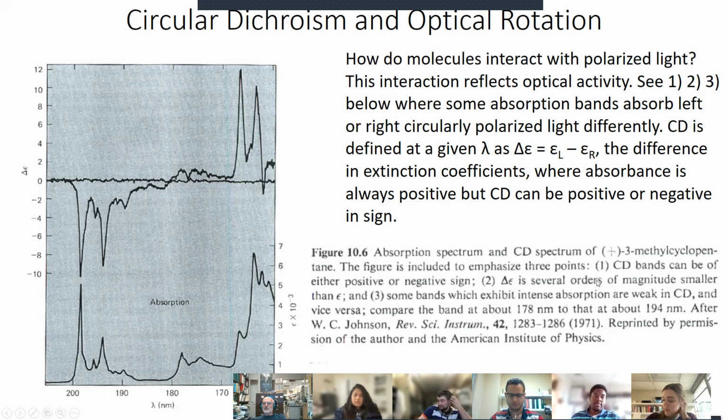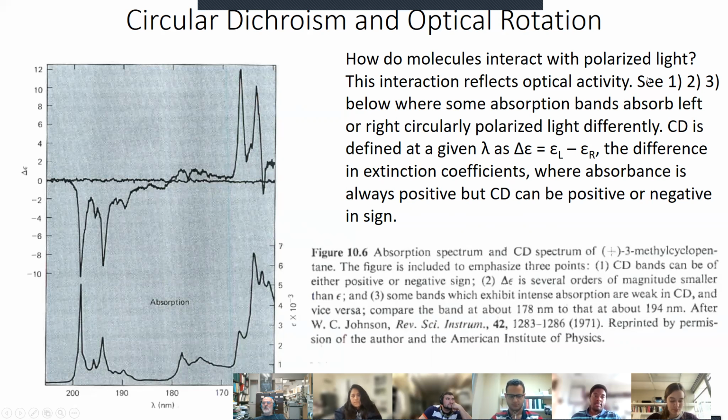In addition to positive or negative, some bands will be intense and some will be weak. Okay, and he points out the 178 band here, where you have a quote unquote strong band here, but a weak CD signal here.